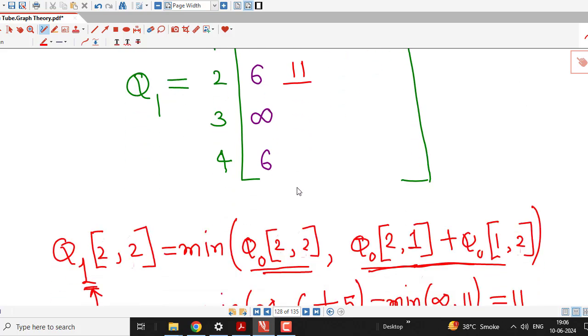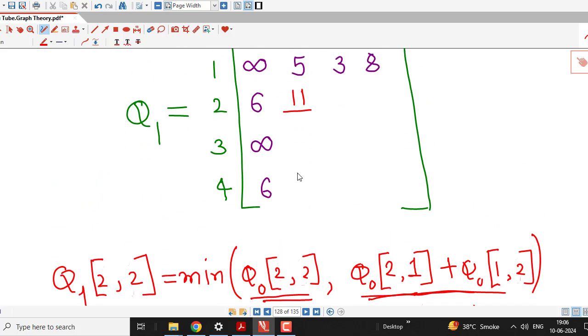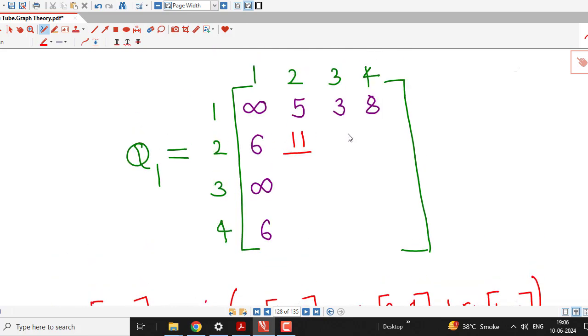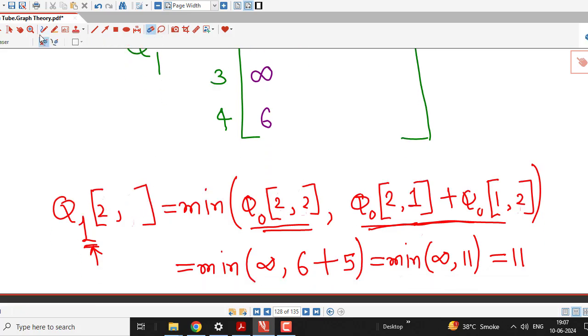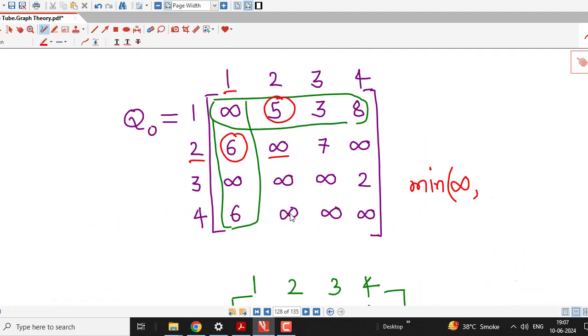So in this way I have to use this formula for every entry of Q1. After that I have to write Q1 of 2, 3. So now I will write 2, 3, that is my j is 3 now. So here also I have to write 2, 3. Here j is 3, so here I have to write 3. Now I have to write for 2, 3. This is already 6. 2, 1 is 6. So I will search in Q0 for the entry in second row and third column.